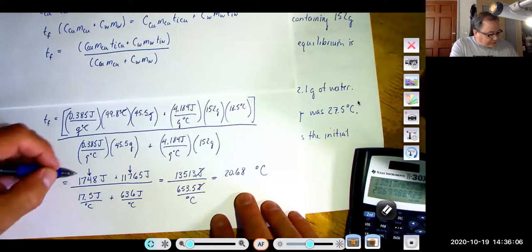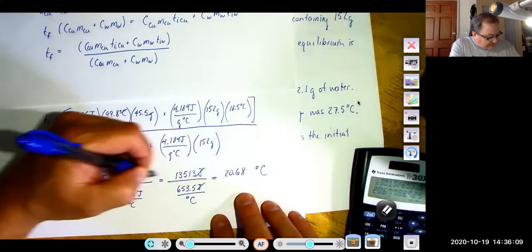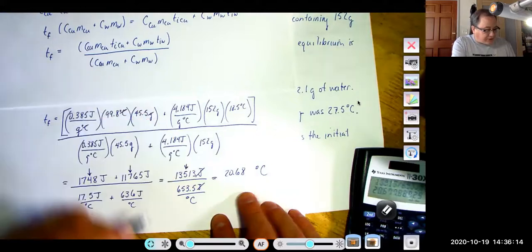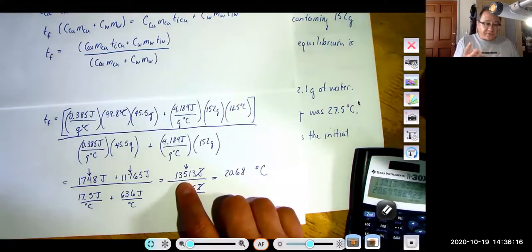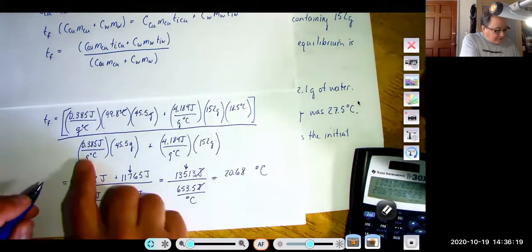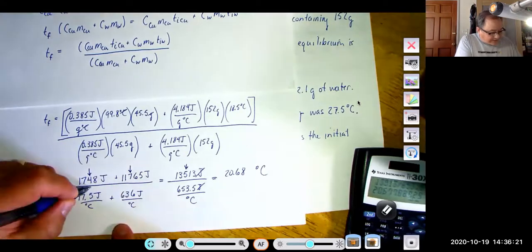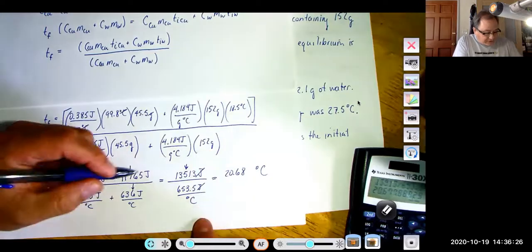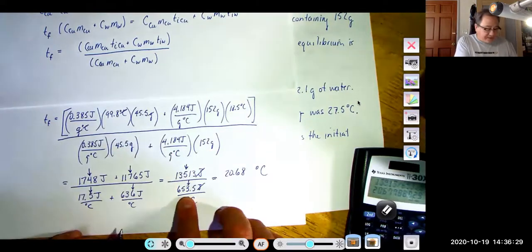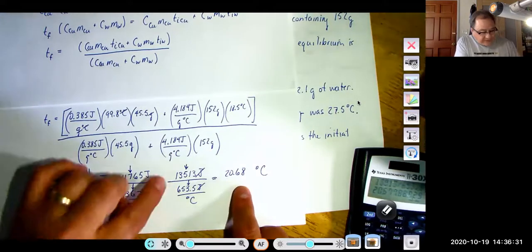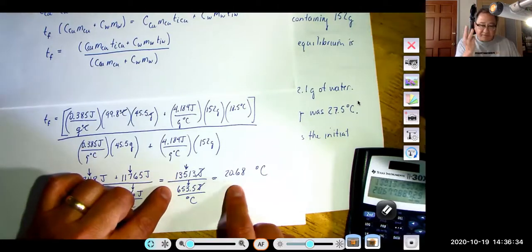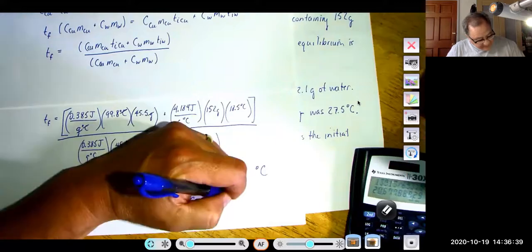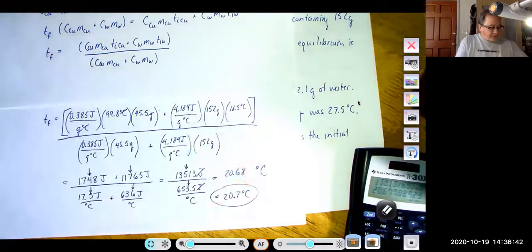So when we add these two together, they're going to be good to the hundreds. So this is good to the 5 here. That means it's good for 3 sig figs. These two numbers here, we get 3 sig figs. So this is good to the tenth. Here, this is good to the ones. So we have 3 sig figs here and 3 here. How many are we allowed here? 3 sig figs. So 20.7 degrees Celsius. So that's the final temp.